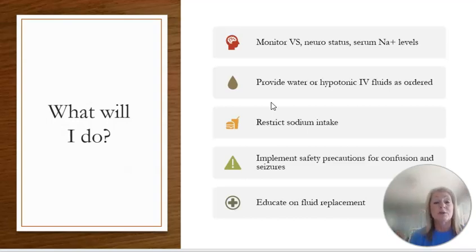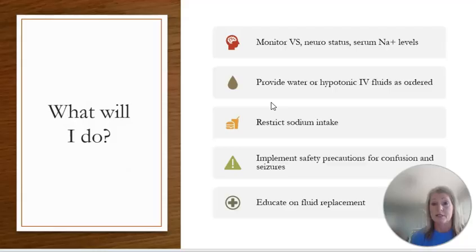So we give them that special kind of fluid, and it's going to push that water and make it go back into those cells. That's why we give them that specific kind of fluid.